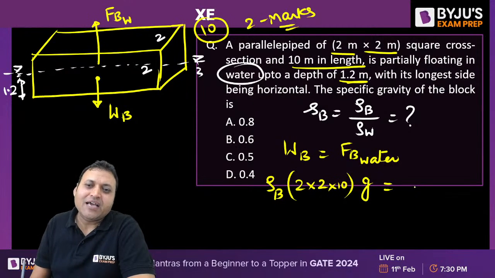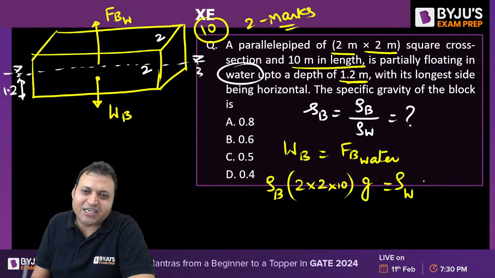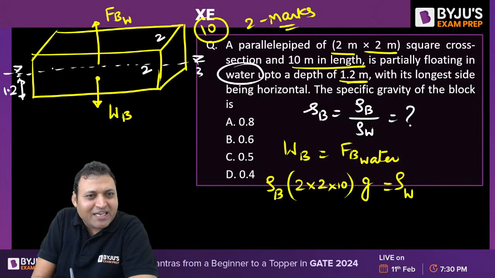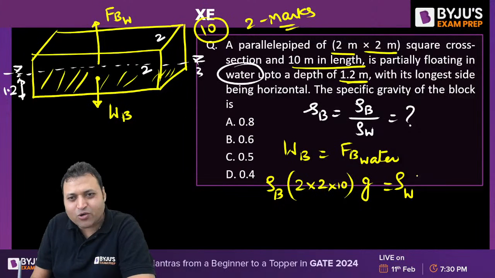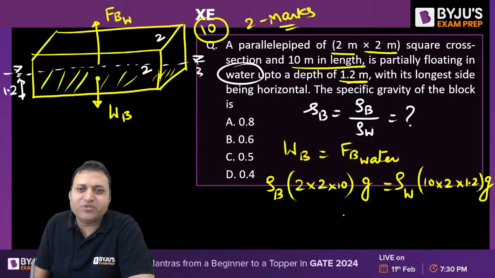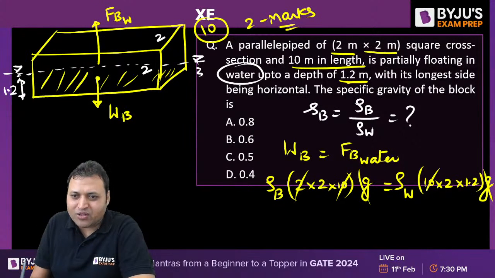That is equal to the buoyant force by water, the density of water times the volume of the displaced fluid, which is 10 into 2 into 1.2 into g. g gets cancelled out, and 2 and 10 are also cancelled.